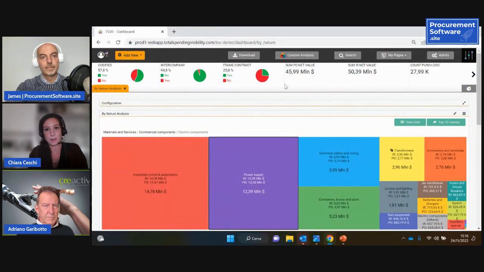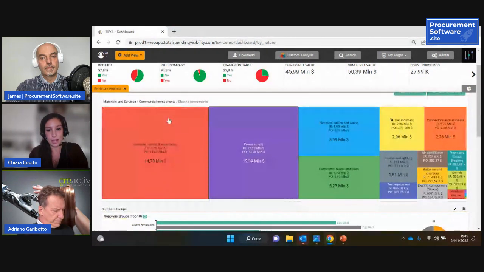Also above here, we can see other KPIs that can be customized. For example, the part of the spend that is codified, so it means connected to a material master data, or the intercompany spend, or the spend that is under a certain frame contract, or outside.